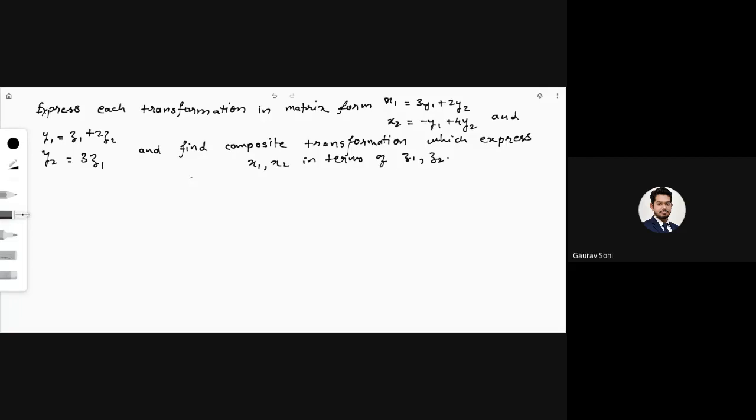So let's first write down the matrix form. You have x1, x2 is equal to, on the right hand side, the matrix 3, 2, minus 1, 4, and you have y1, y2.